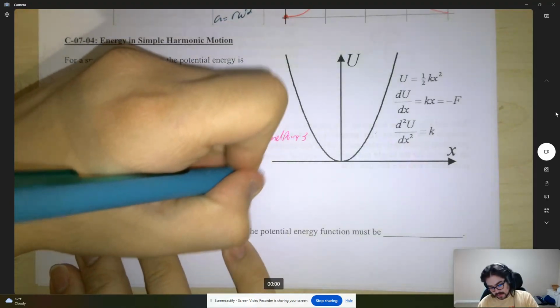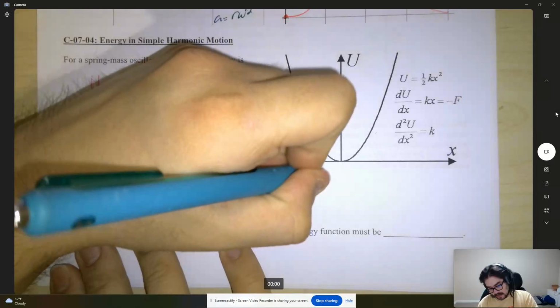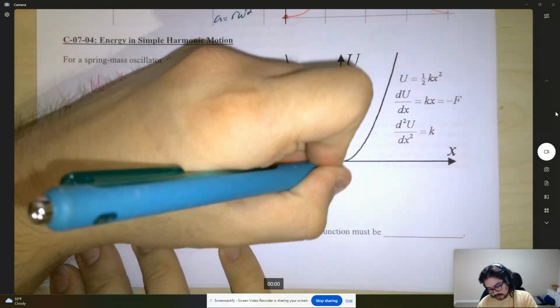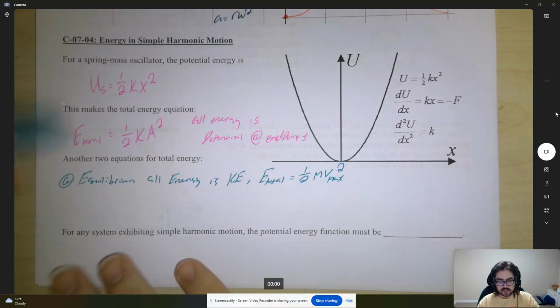So then you can say that the total energy would just be equal to 1/2 m v max squared. So if you can find the maximum speed during the oscillation, then that's when all your energy is kinetic, and you can do that.